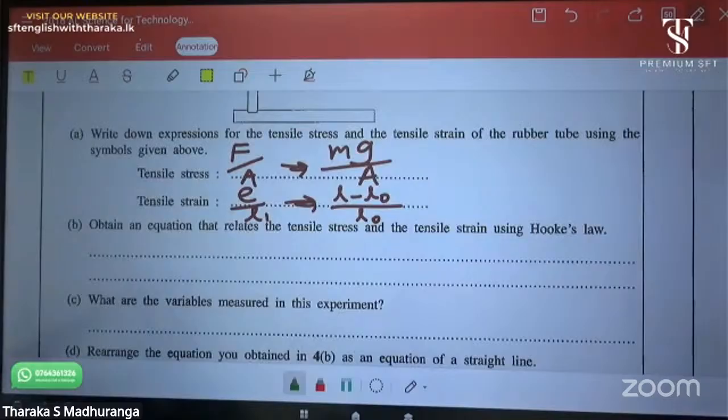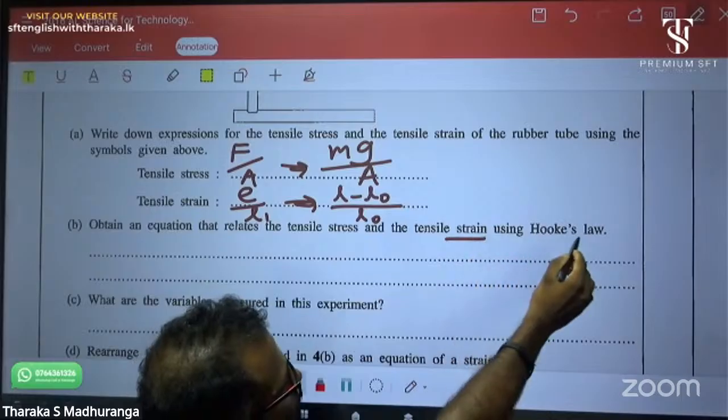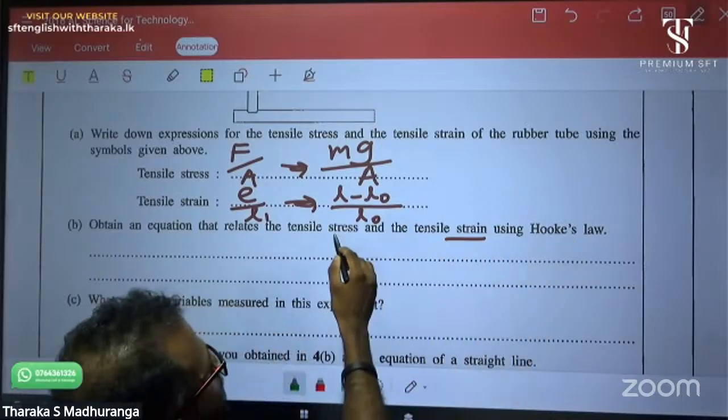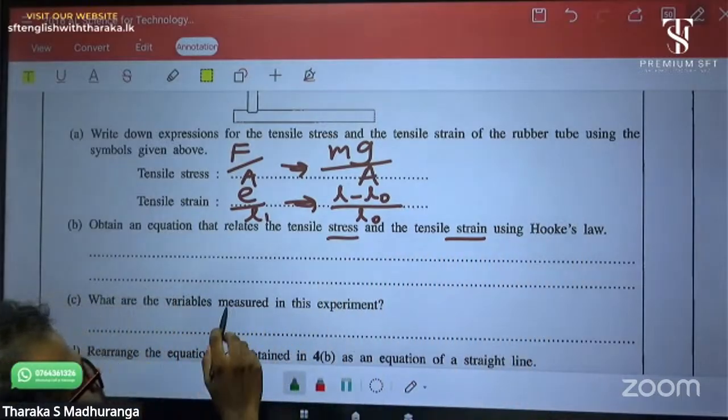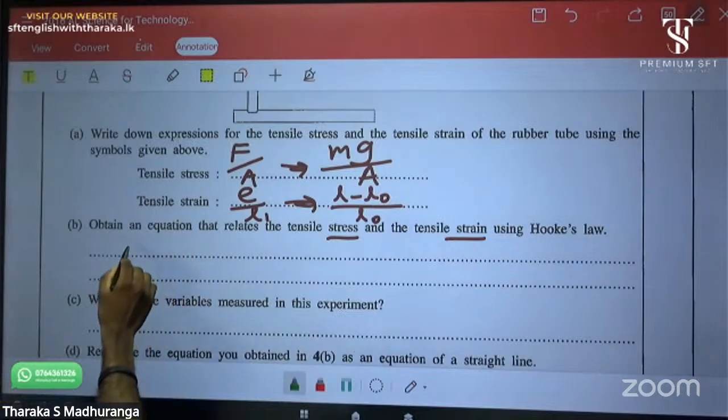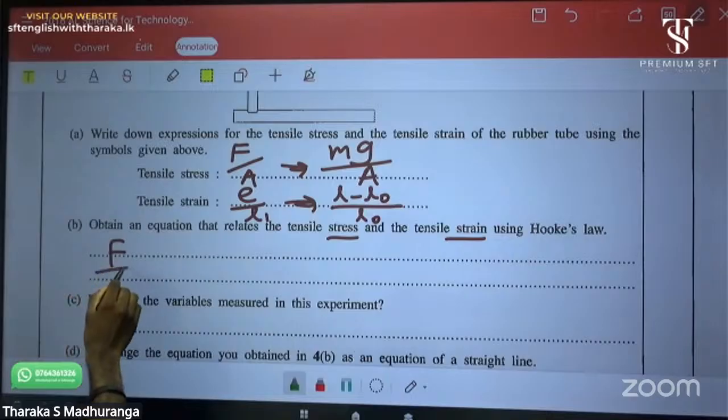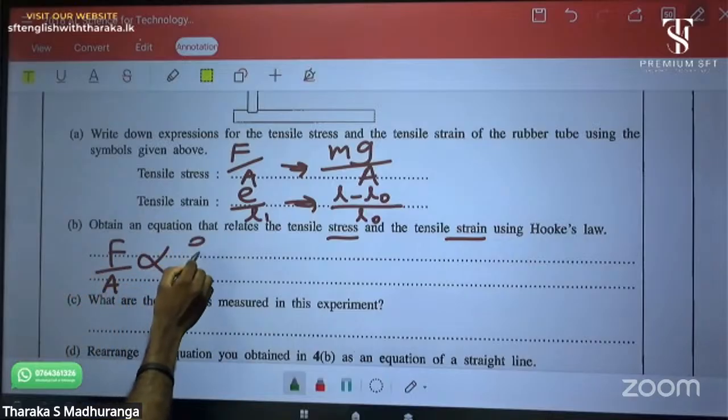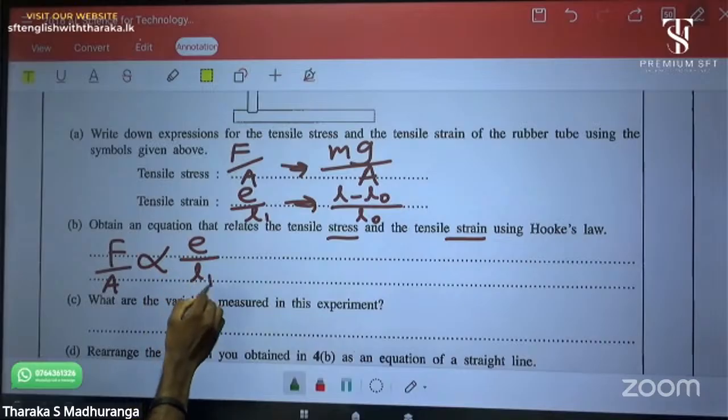Obtain an equation that relates the tensile stress and the tensile strain using Hooke's law. Okay, what's the equation? F over A is directly proportional to the extension over L1.